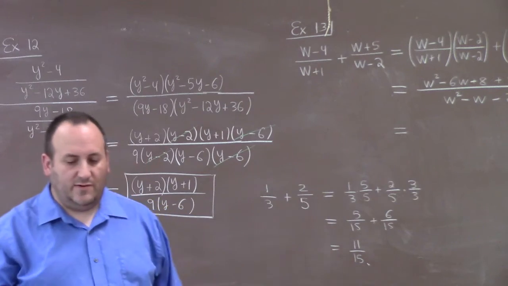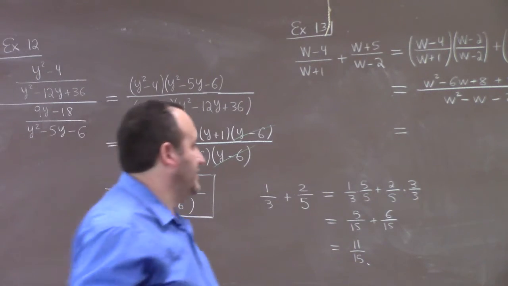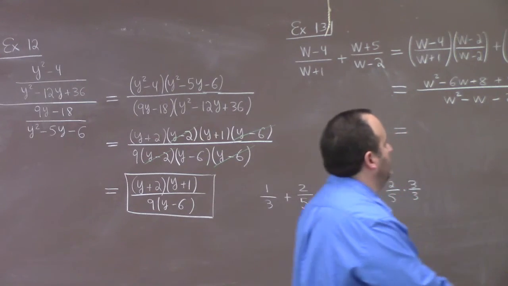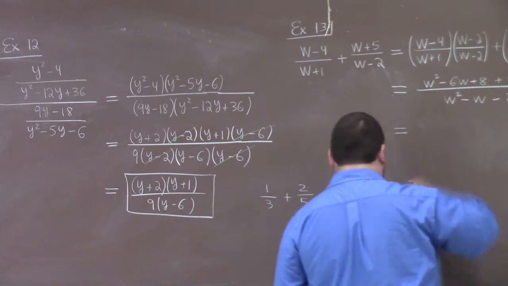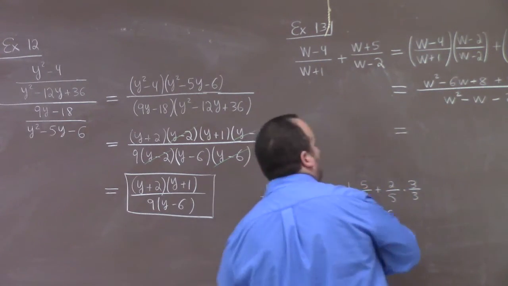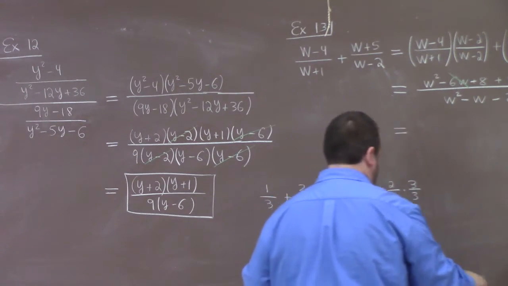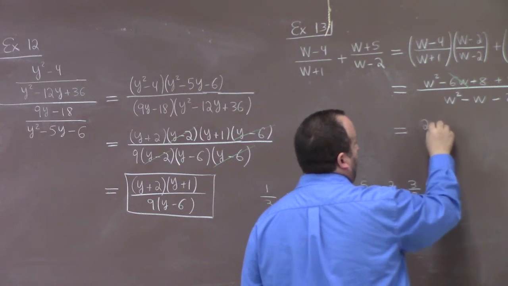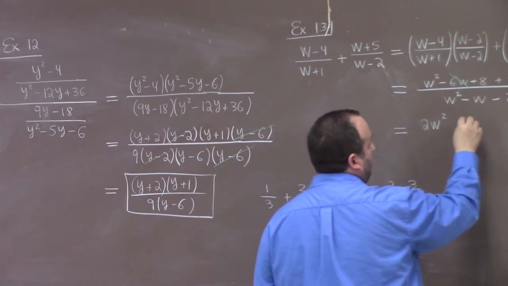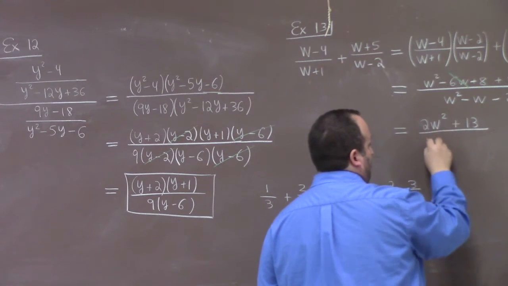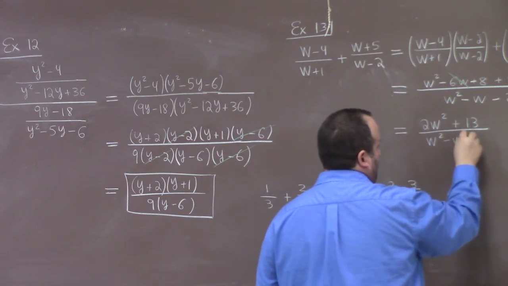And, I mean, you don't have to multiply out the denominator. I could have just left it. Well, here, I'll show you. But notice that these guys cancel, right? And we're left with 2w squared plus 13 over w squared minus w minus 2.